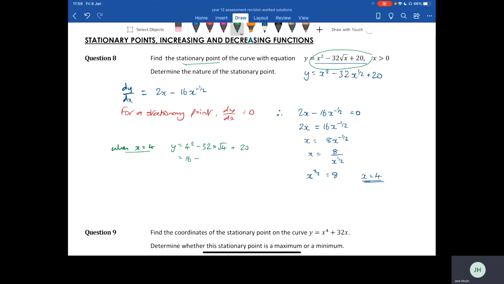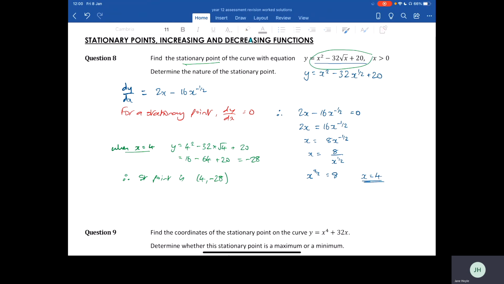So it's going to be 16 minus 32 times 2, minus 64, plus 20. So that's 36 minus 64, which is minus 28. So I know that the stationary point is at (4, negative 28).